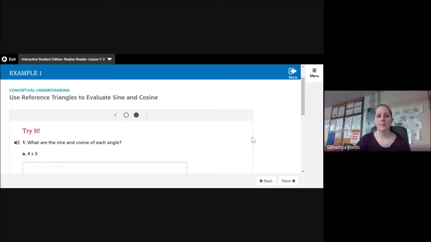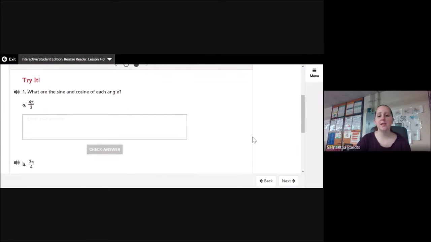All right, so let's try it. What are the sine and cosine of each angle? 4 pi over 3. So 4 pi over 3 is really the same thing as 3 over 3 times pi over 3, which is really like 1 pi plus pi over 3.